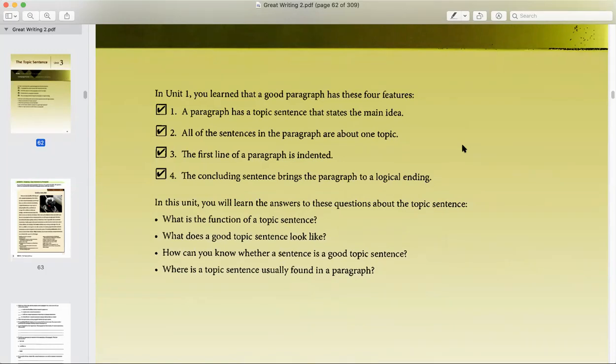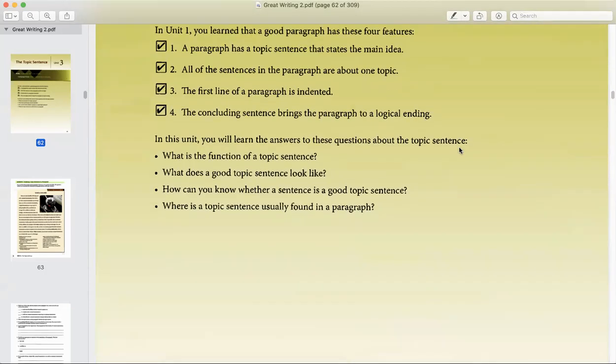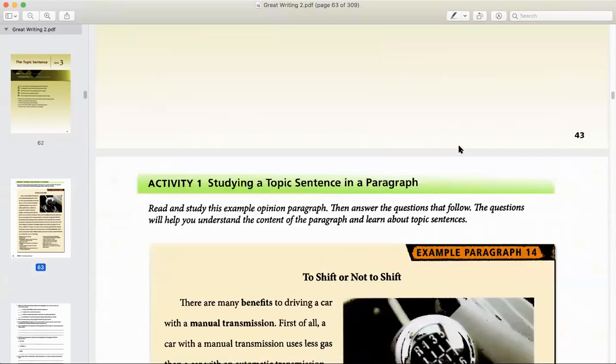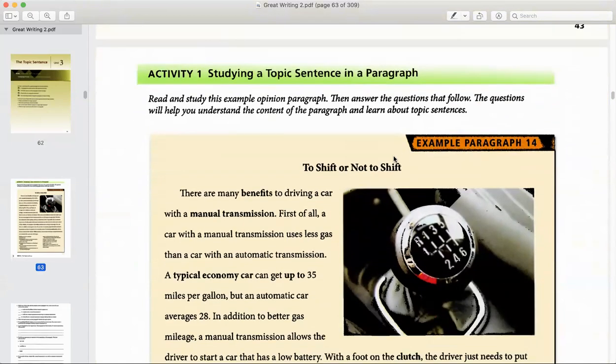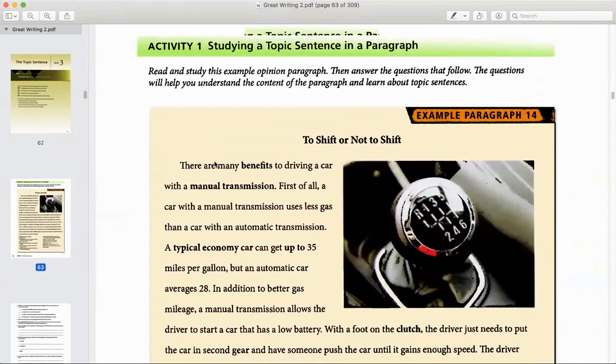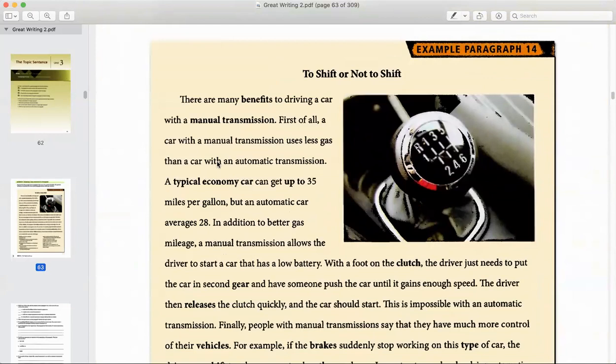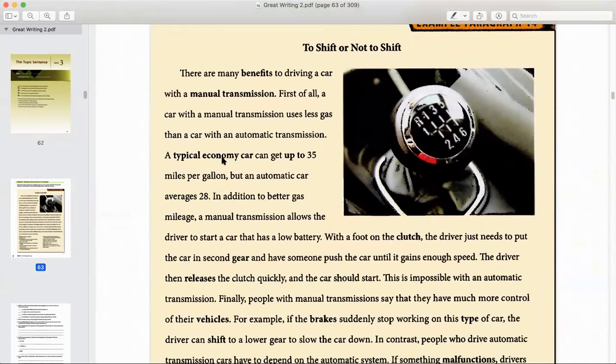In this unit, we're going to focus on the topic sentence, recognizing a good topic sentence, writing a good topic sentence, knowing what makes a topic sentence good or bad. All right, so let's move along here. And this first example paragraph is a little bit hard, so I would like to skip over this one.